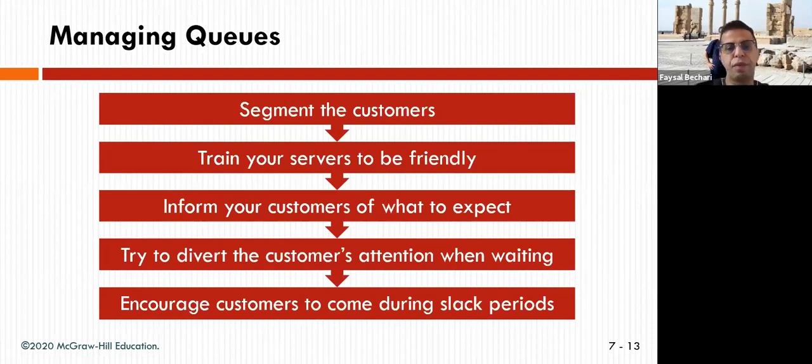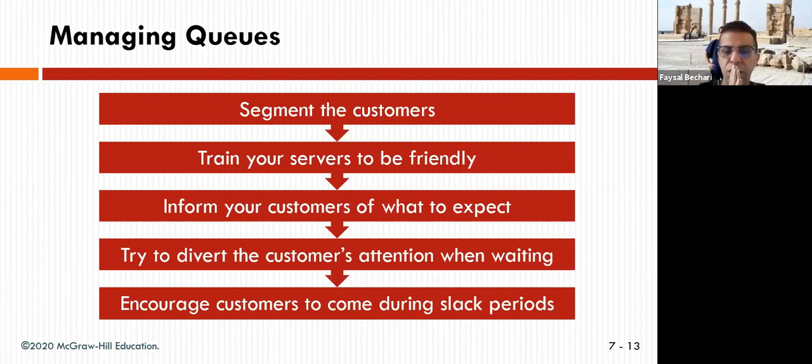Managing queues. First, you need to segment the customers, and then train your servers, the people who provide service, to be friendly. Inform your customers of what to expect, and try to divert the customer's attention while they're waiting: playing music, having a video. Sometimes you walk into restaurants and find TVs, which makes you wait more.